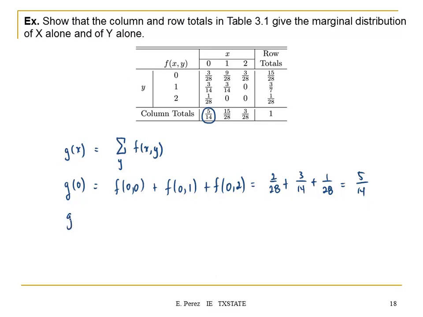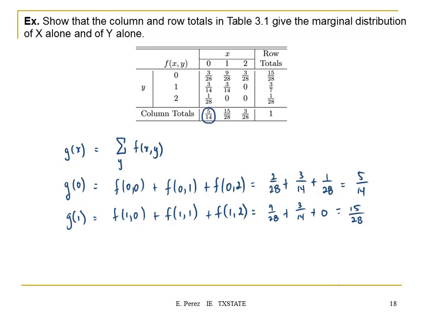For g of 1, we do f of 1, 0 plus f of 1, 1 plus f of 1, 2. So we have 9 over 28 plus 3 over 14 plus 0. So this is 15 over 28.